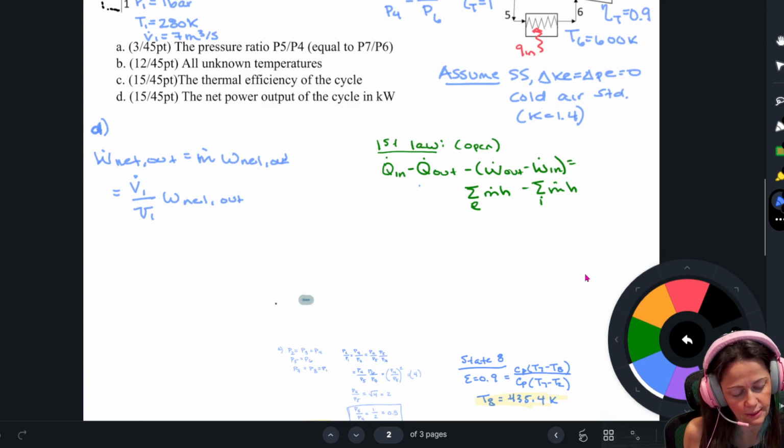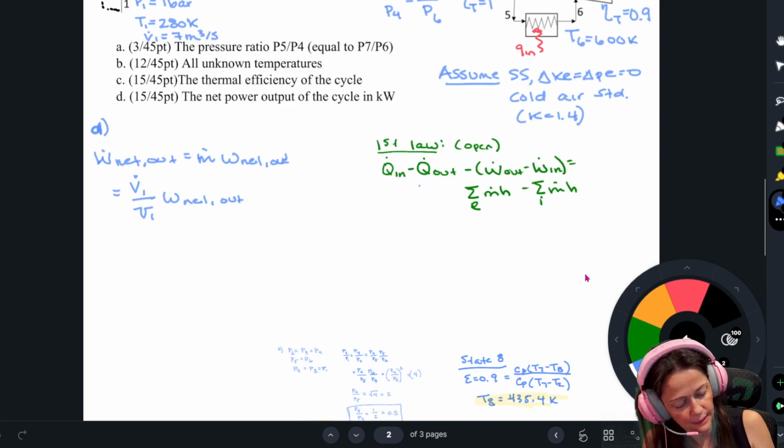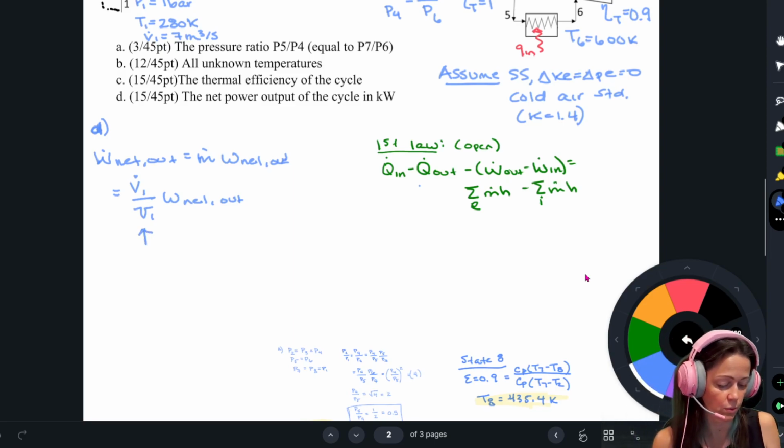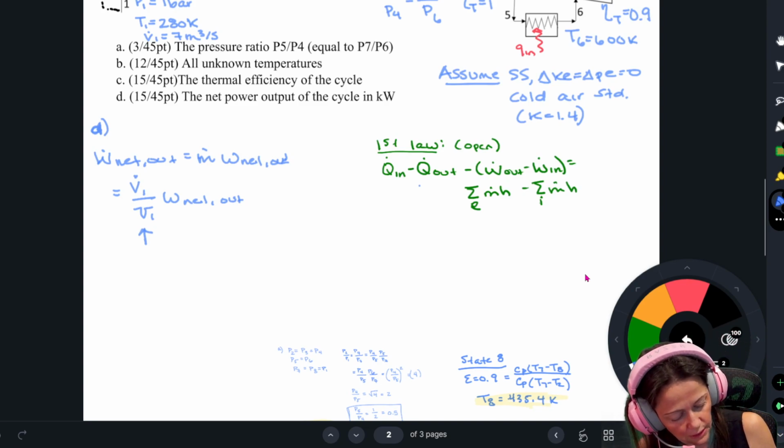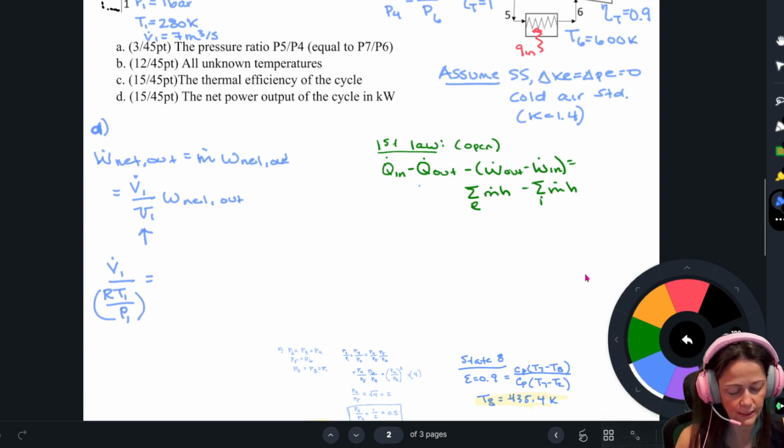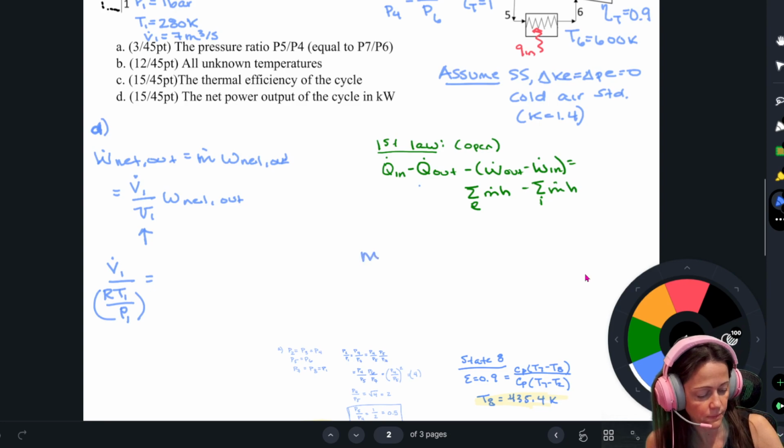The other 7.5 points of part D was this: V dot 1 over V1, and then you do need to put that V1 in terms of R T1 over P. Some people wrote maybe a PV over RT or something like that.